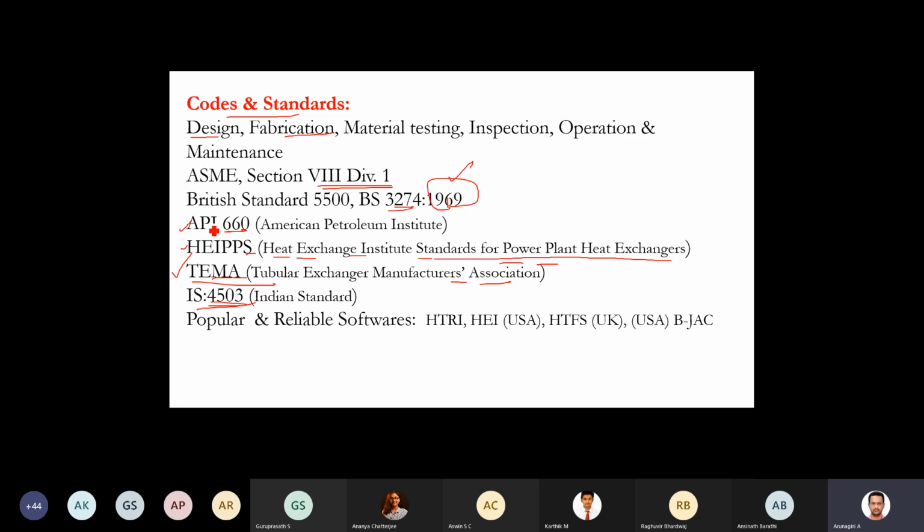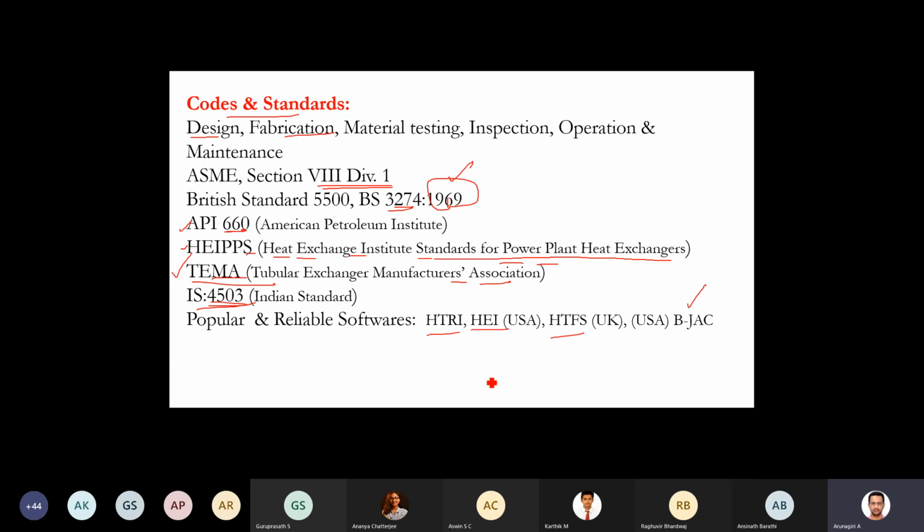Based on these codes and standards, many software packages are available for thermal design, mechanical design, and a combination of these two. To draw the tube sheet layout diagram, we have many software packages like HTRI, Heat Transfer Research Institute, then Heat Transfer and Fluid Flow Services, then another company called Bijack, then HEI, Heat Exchanger Institute.